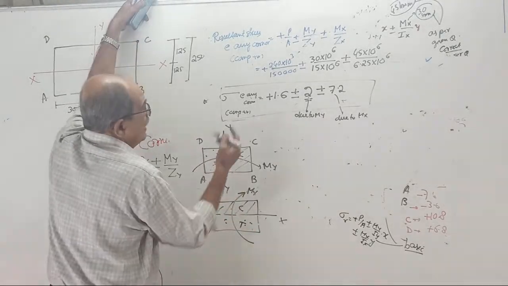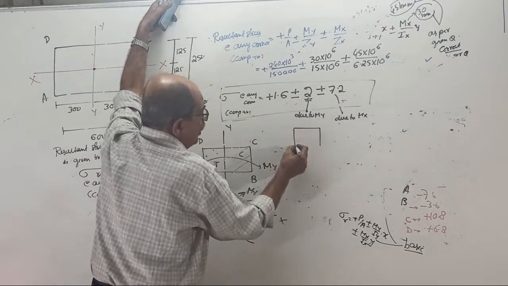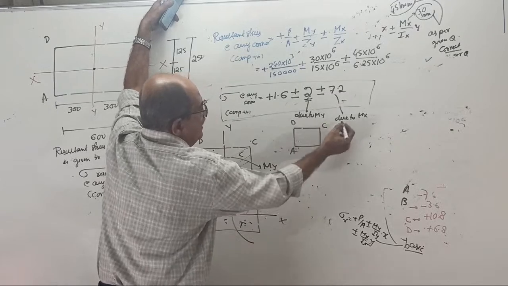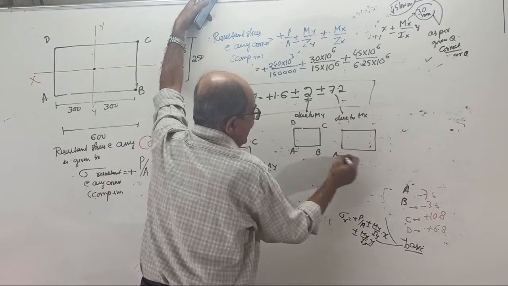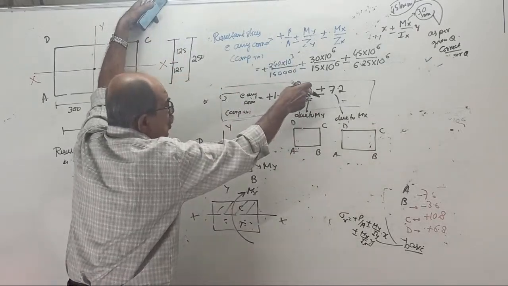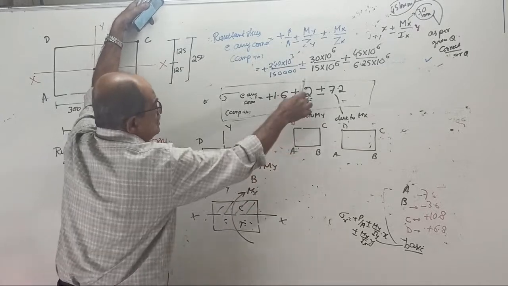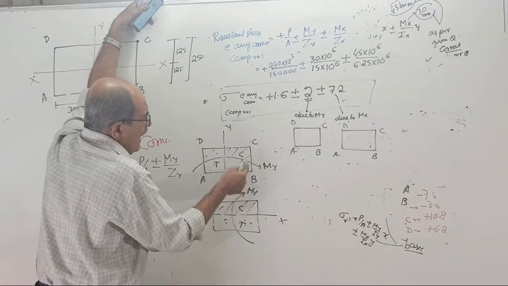Therefore, remember, when you use this term, I have a hint for you. A, B, C, D. Now you do it. Tell the answer. When I use this term due to My, tell me, where positive?